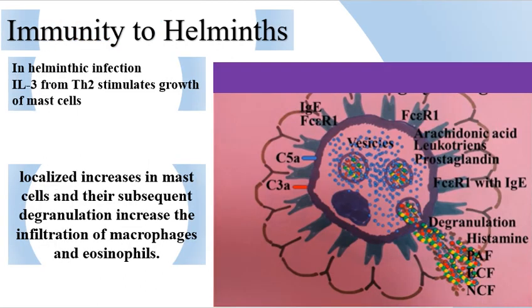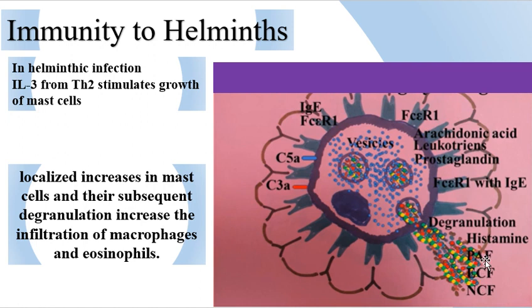So in helminthic infection, interleukin-3 from T helper 1 stimulates growth of mast cells, and as can be seen here, this is a stimulated mast cell. So mast cells produce granules.